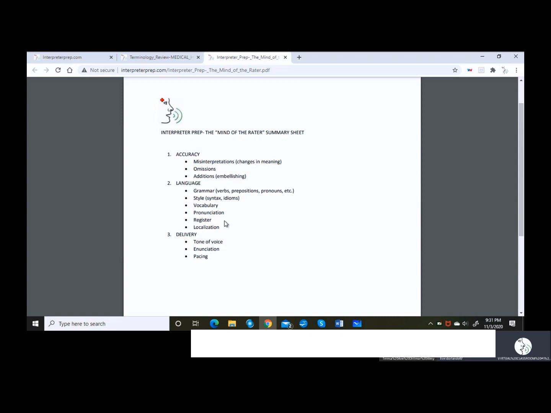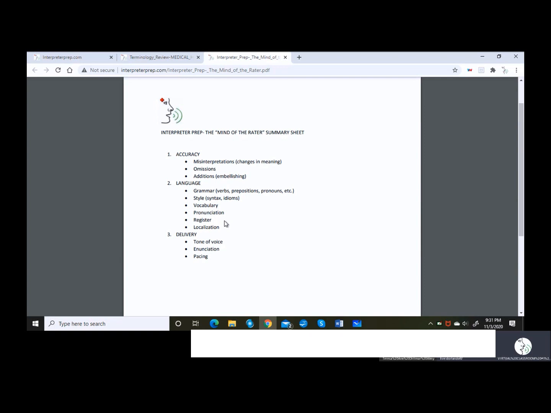Last but not least, in regards to the localization, which means the way they speak Spanish in certain countries, these national certification exams for medical interpretation are not localized to a specific country.